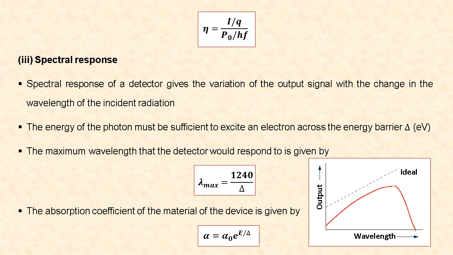Here capital E is the incident photon energy and delta is the energy barrier in electron volt. For lambda greater than lambda max, E will be less than delta, that is, capital E, the incident photon energy, is less than delta, so that the absorption becomes smaller.